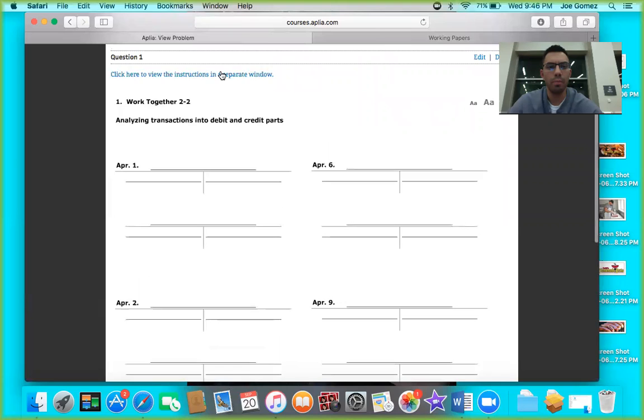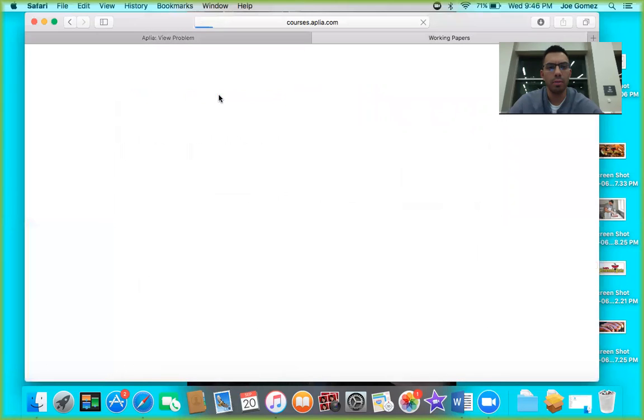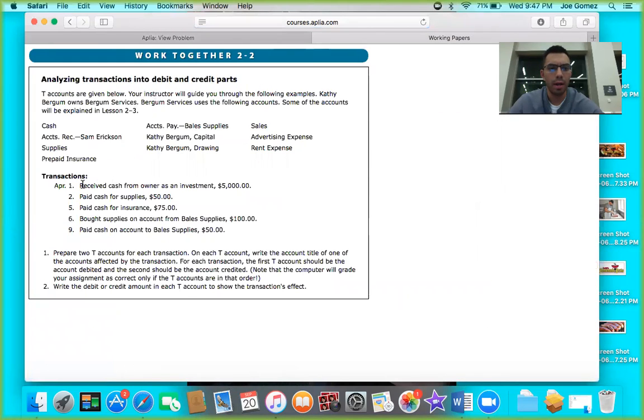All right, so when I look at this, I'm going to first start by popping open the directions. I have these labeled accounts up top, which are the accounts that I'll be using, and then I have my transactions, which are the dates April 1st through April 9th.